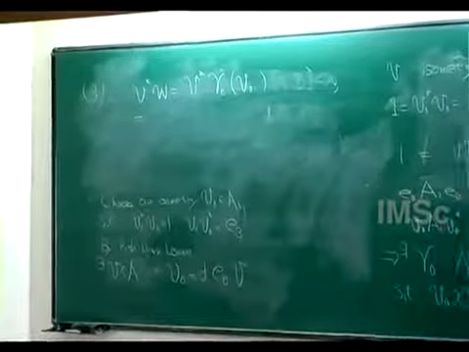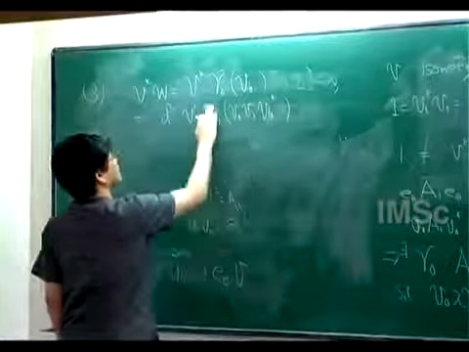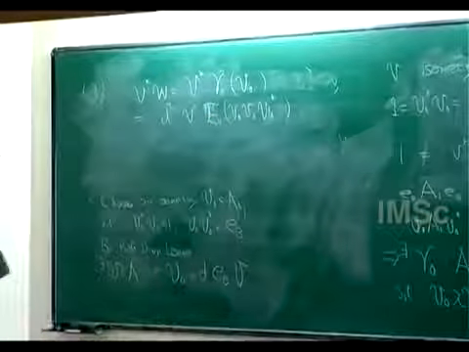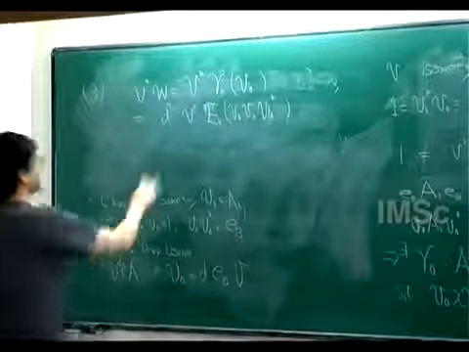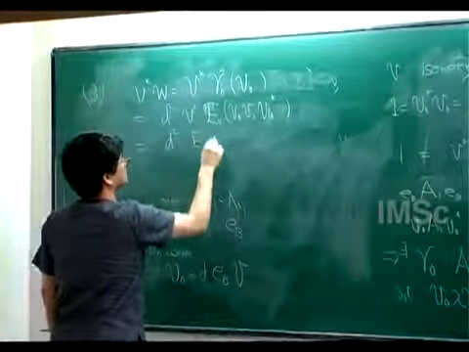So this is V0, V0 star. Since V is in A, you can put V star here.